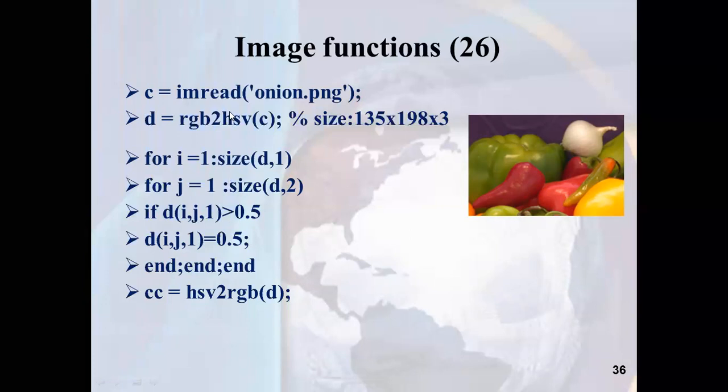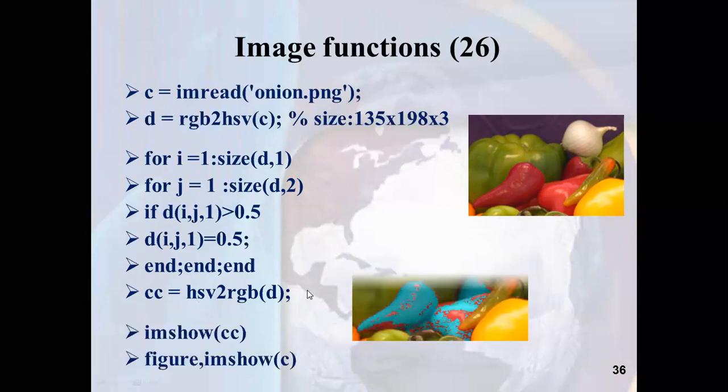Now to see what happened to the image after this change, we cannot show D directly. We have to make a reconversion, convert HSV back into RGB, which is the complementary conversion. Here we convert from RGB to HSV, here from HSV to RGB.